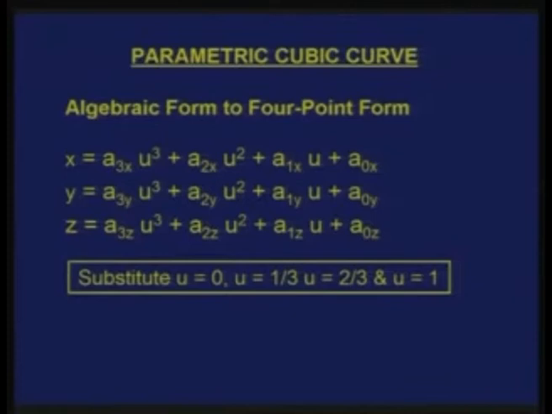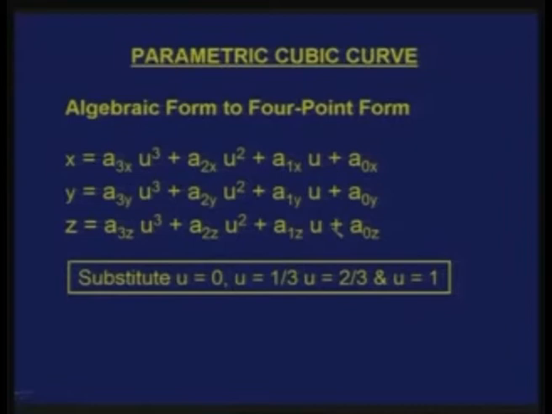Whenever I give the second point through which the curve is passing, I will substitute u equal to 1 by 3. Whenever I give the third point, I will put the u value which is 2 by 3, and for the end point where the curve terminates, I give u equal to 1, and then I will be able to solve.